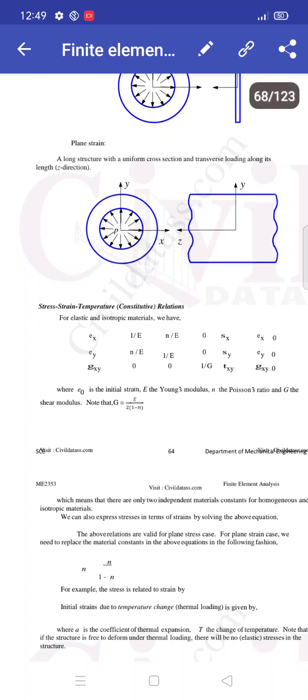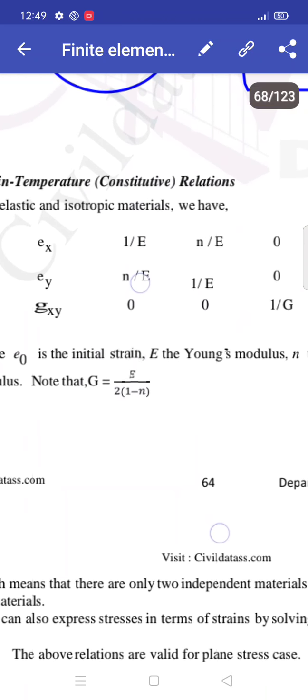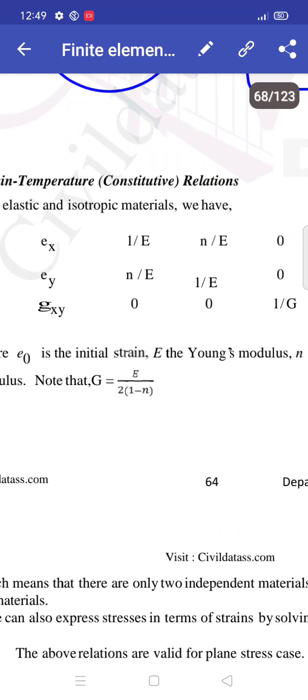So G is equal to E by 2 into (1 plus ν).